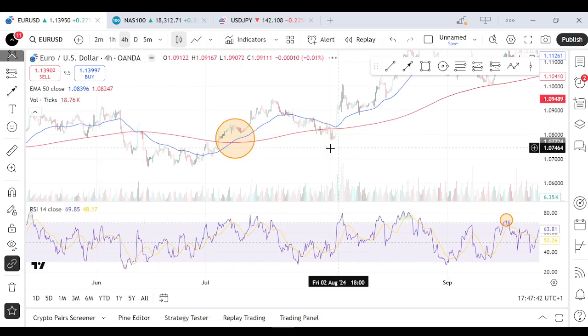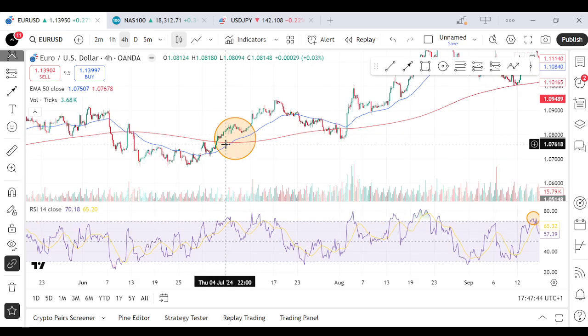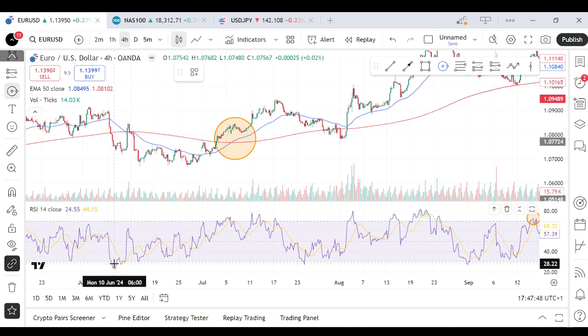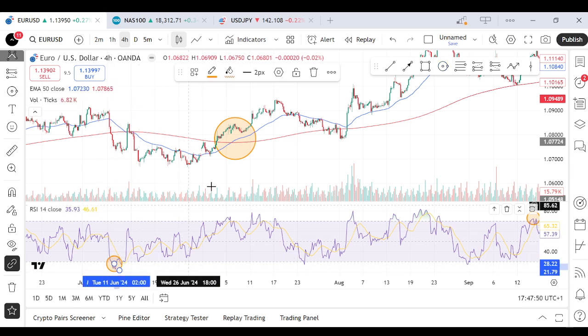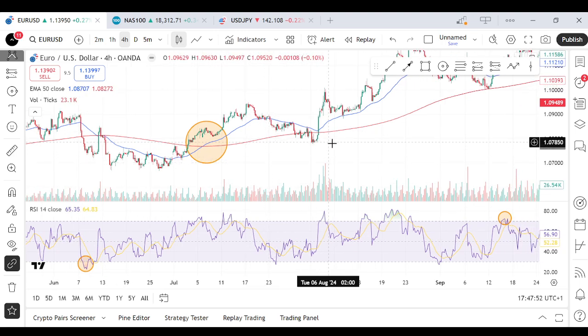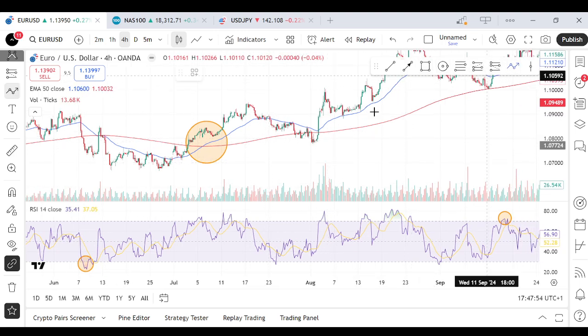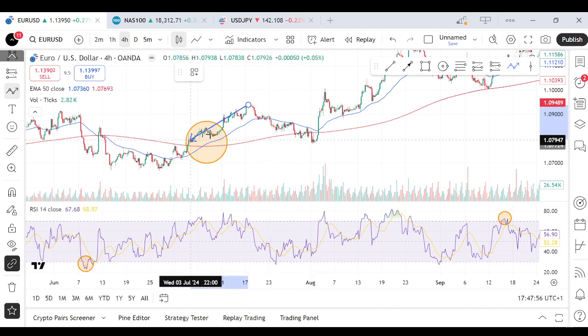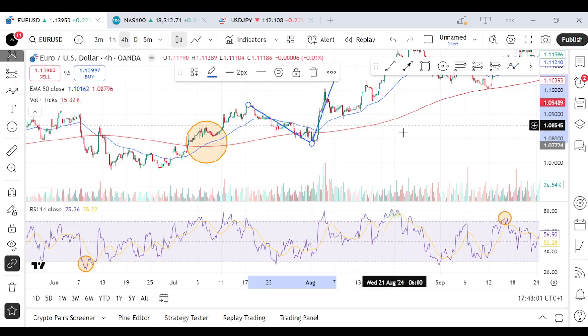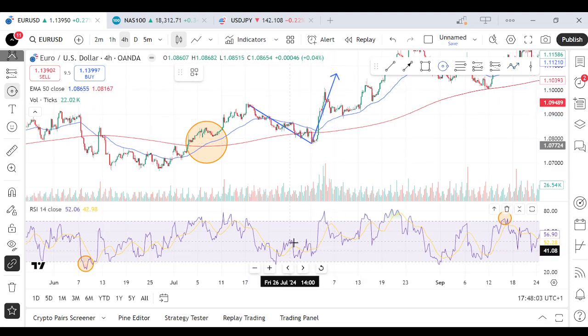We have another example happening right here. But at the time where we have our golden cross, the RSI has already been oversold some days back, but also we have the pullback happening here within this uptrend, and we're expecting price to continue from this area. At the same time, we also have the RSI being below the 50 level and also being very close to the 30.